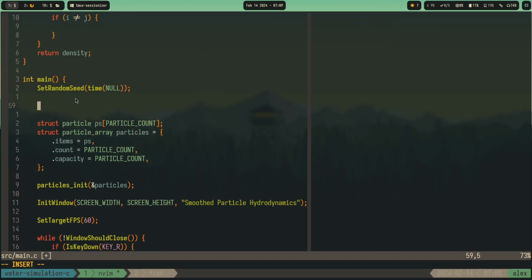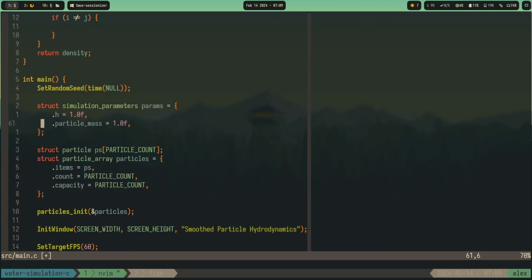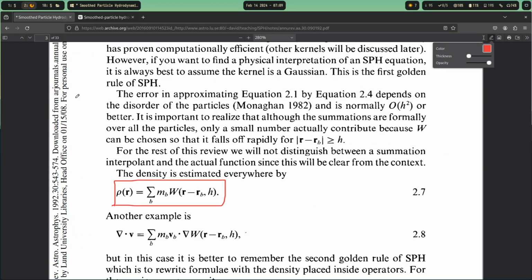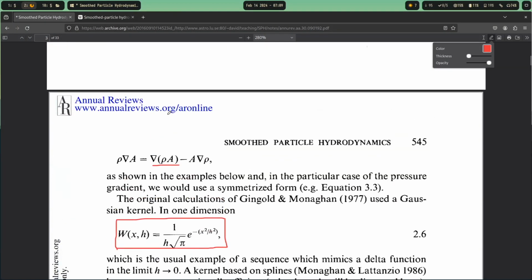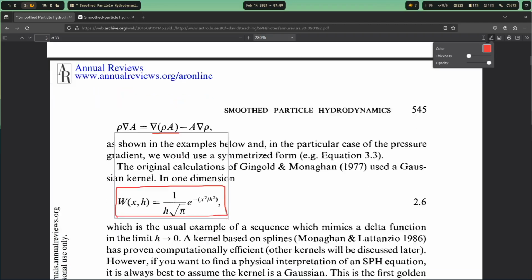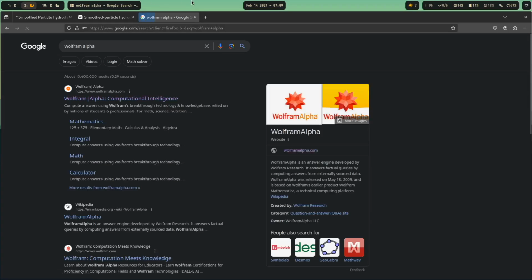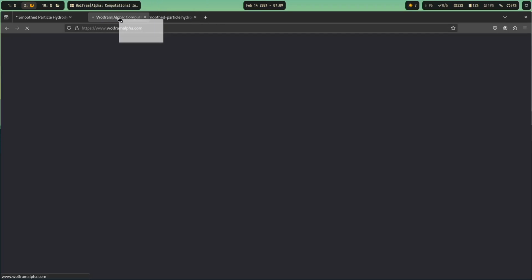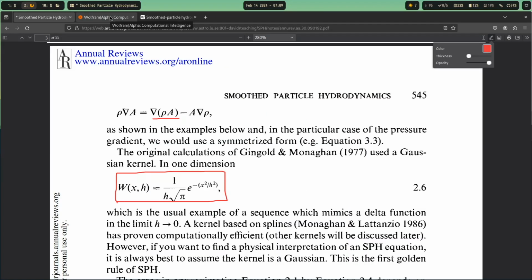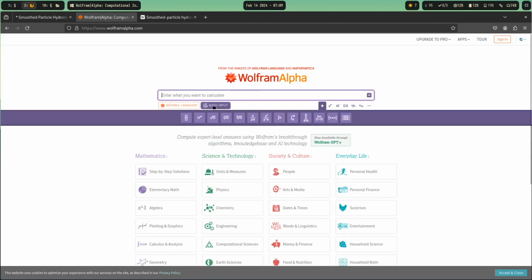So then we can say struct. Oh yeah, and what if you want to see how this looks like? Well, we can use Wolfram Alpha. It's like a really nice math tool. So let's do math input because it's cool.